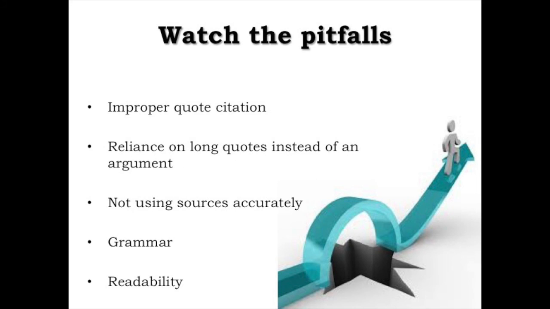And also make sure that you're not relying on a long quote instead of an argument. It's better to paraphrase and put it in your own words than it ever is to give a long quote with no explanation.